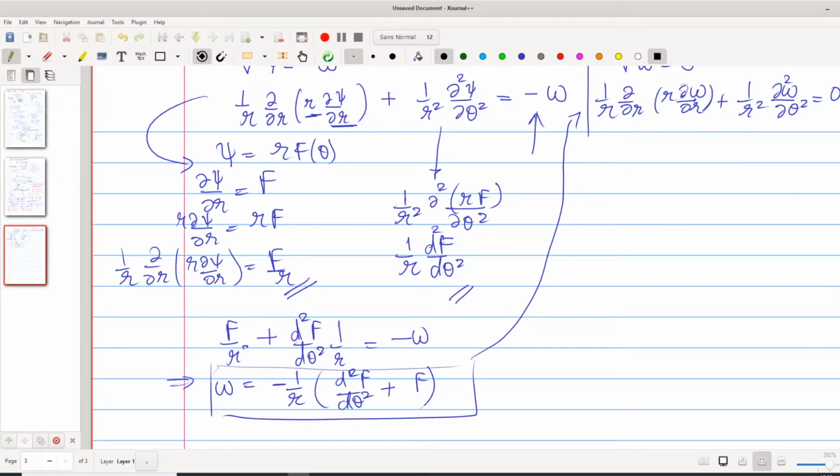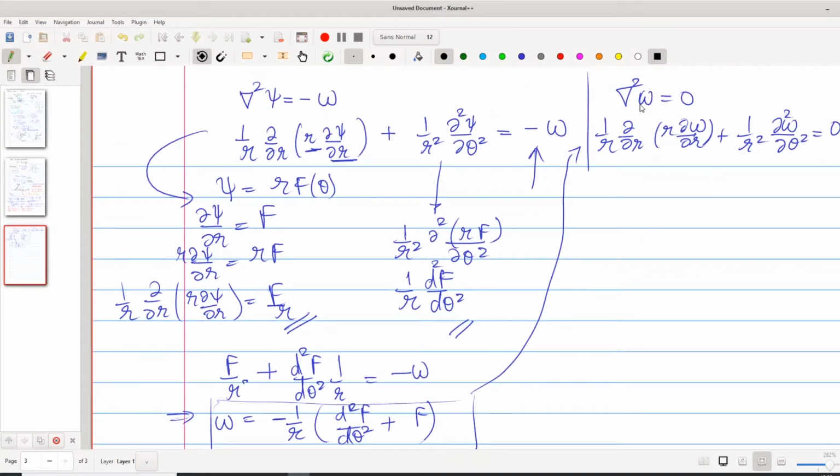Now we can substitute this particular form of omega in the equation for omega, which is the Laplacian of omega equals 0. So what is del omega/del r? Del omega/del r will be 1 by r square (d2f/d theta 2 plus f). So what is r del omega/del r?